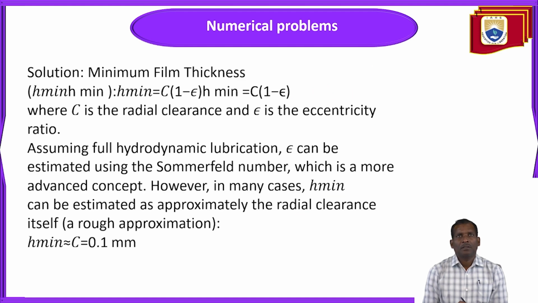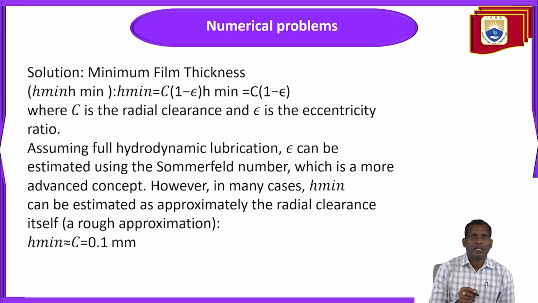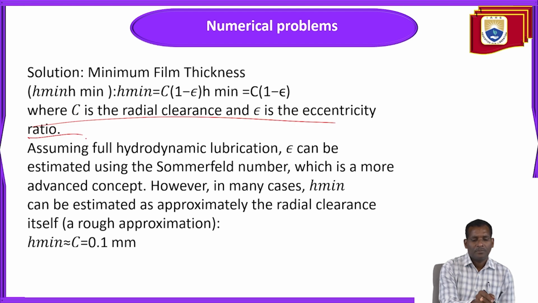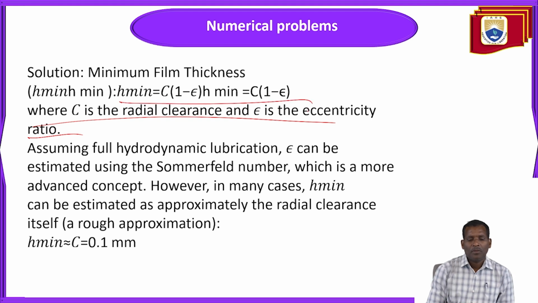So solution: how do you calculate the minimum film thickness? Given the formula, where C is the radial clearance and epsilon is the eccentricity ratio. So H minimum is equal to C multiplied by 1 minus epsilon.